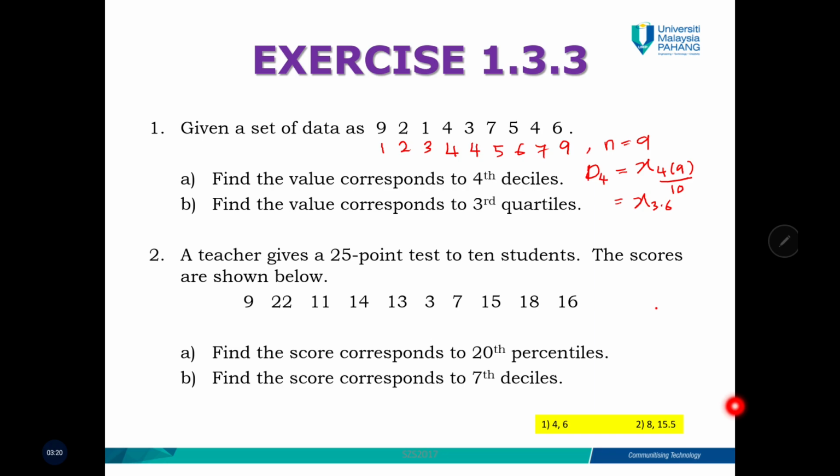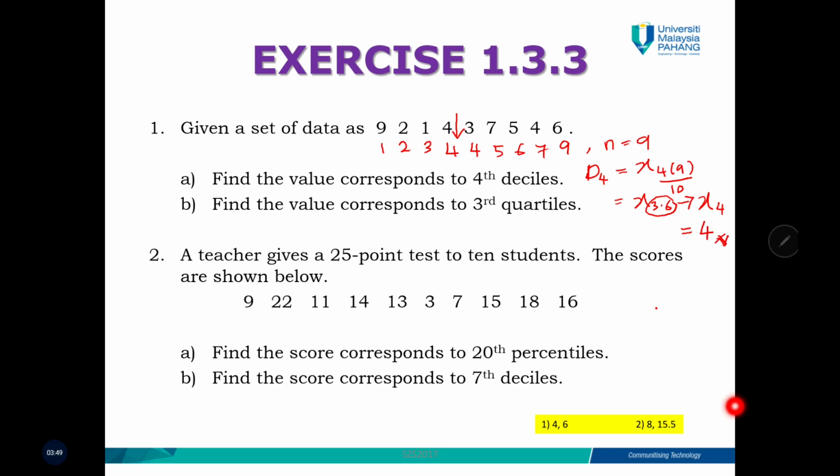We can see that the condition of C here is not a whole number, so we need to round it up to the next whole number. The next whole number is X4. The fourth data in this increasing order data is 4. So the answer here is 4.